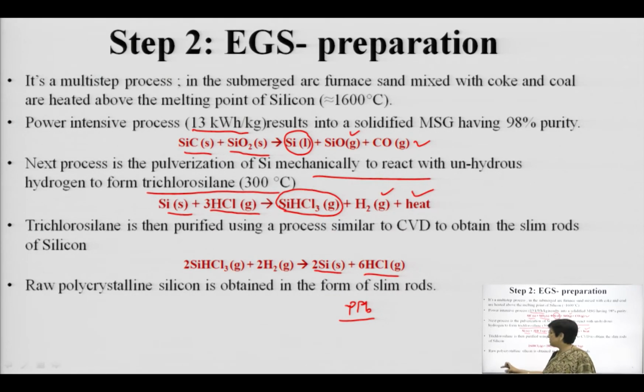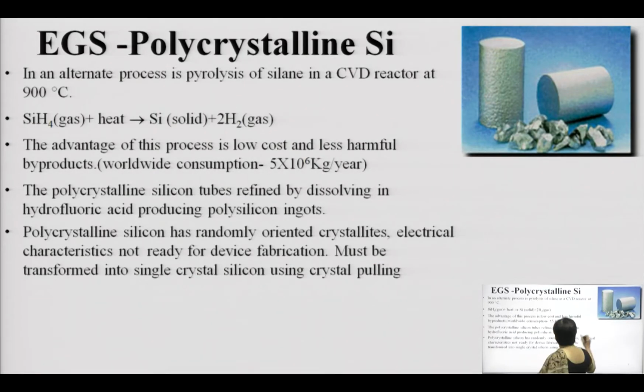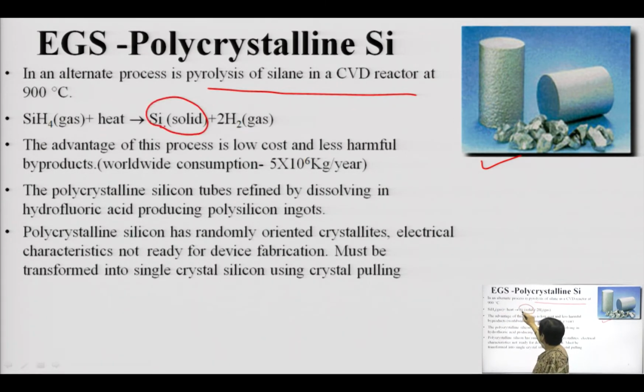Another property of this raw polycrystalline silicon that we obtain is that it is a polycrystalline material in the form of rods. Now, this is the structure in which this material is available. There is another process also: from trichlorosilane we can have pyrolysis carried out at 900 degrees centigrade, and we can obtain this same polycrystalline silicon, which is in the form of rods.